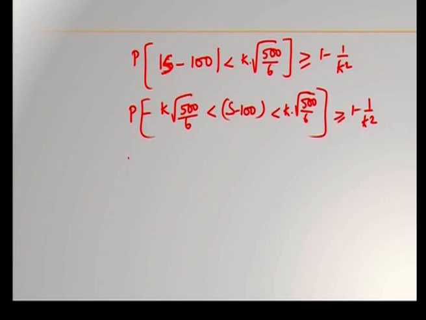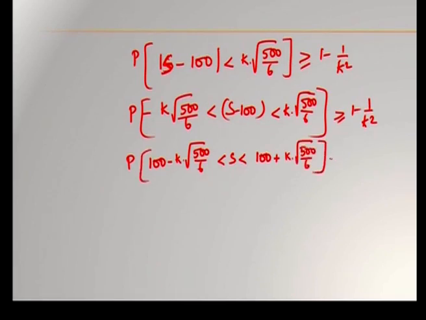Adding 100 throughout, P of 100 minus k into root of 500 by 6 less than S less than 100 plus k into root of 500 by 6 is greater than or equal to 1 minus 1 by k square. Now, this has to be made 80 and this has to be made 120. So, what value of k will you substitute so that you get 80 here and 120 here?